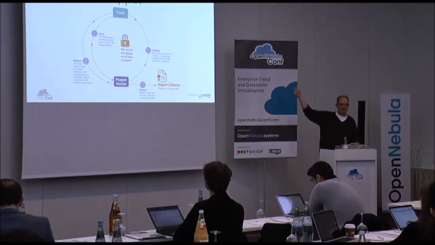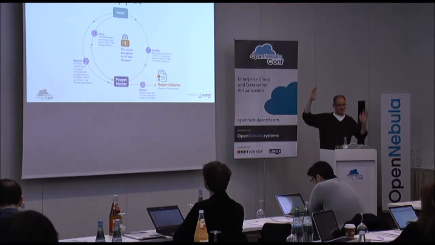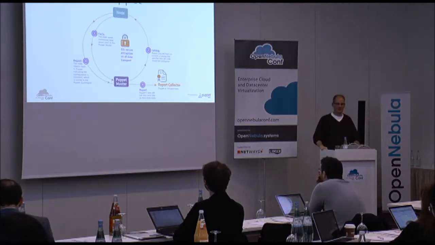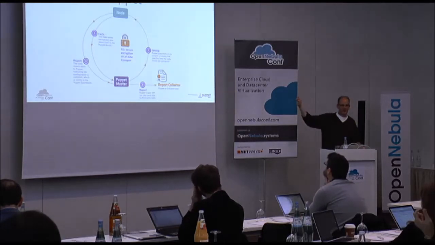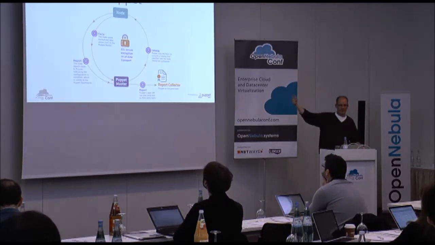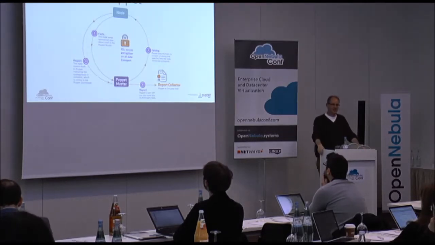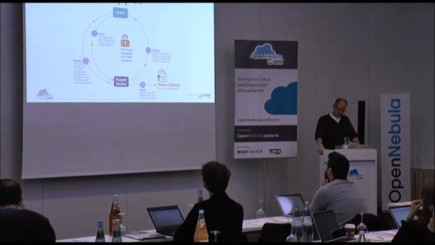If some node shows up in your infrastructure and claims to be XYZ, it can't download sensitive information that it shouldn't get access to. So not only does Puppet use SSL with server certificates to verify that the server is who it claims to be, each node also has to have an SSL client certificate, and that's where things get a little funky when you're in the cloud.